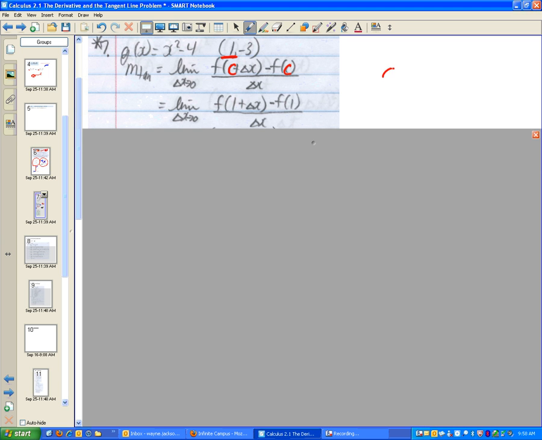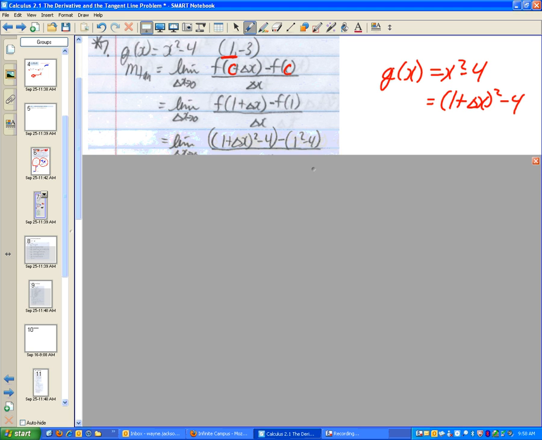Now, again, this is our function. So when we find f of 1 plus delta x, replace the x with 1 plus delta x. Okay? The limit as delta x approaches 0.